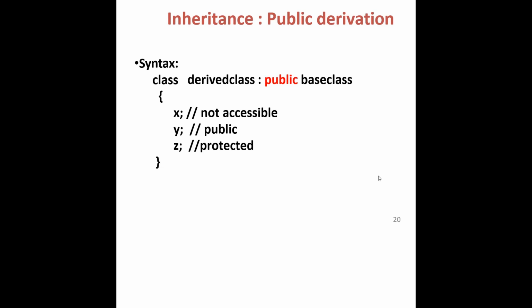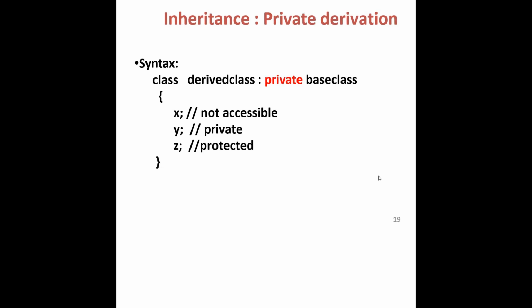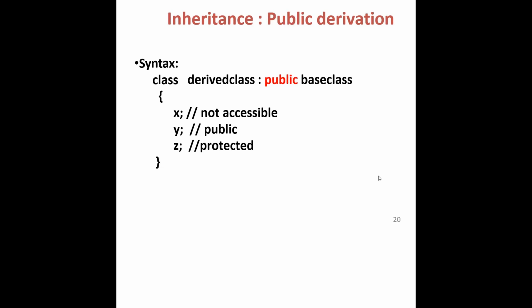Now see the inheritance public declaration. We just discussed the inheritance private declaration. Now the inheritance public declaration syntax: class derived class colon public base class open curly bracket. x is not accessible inside the derived class because x is private in the base class.